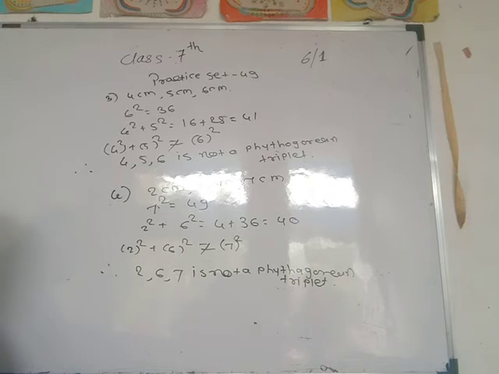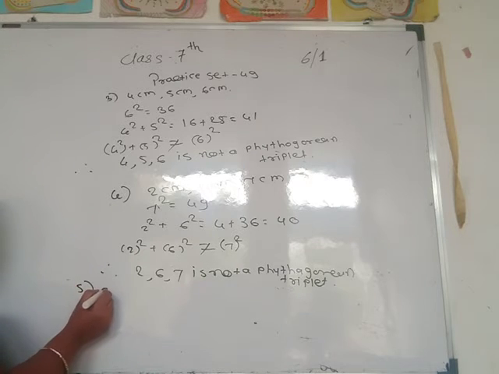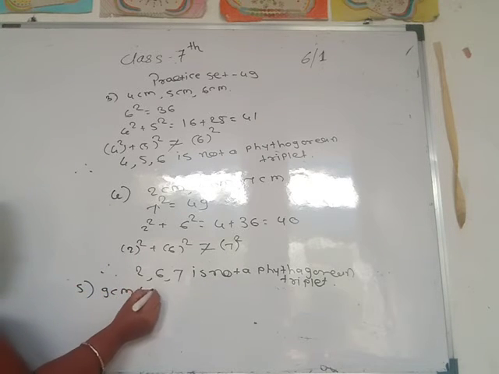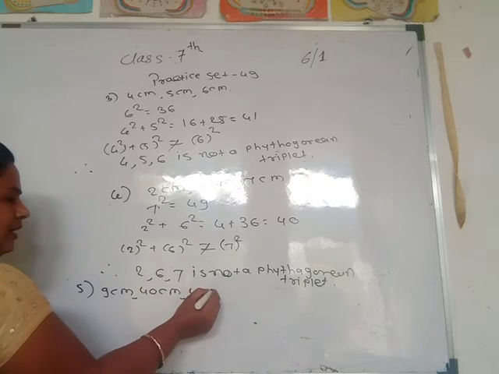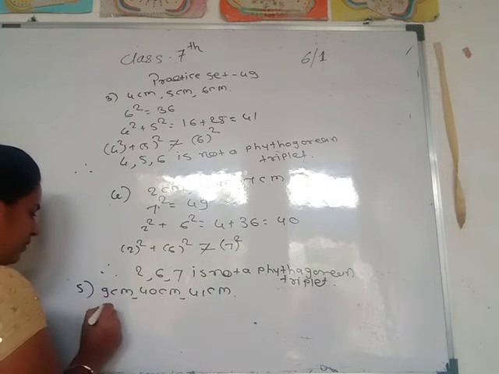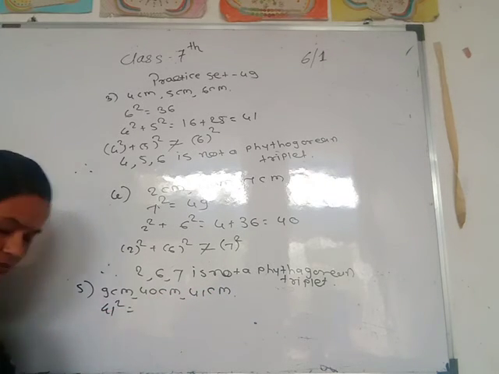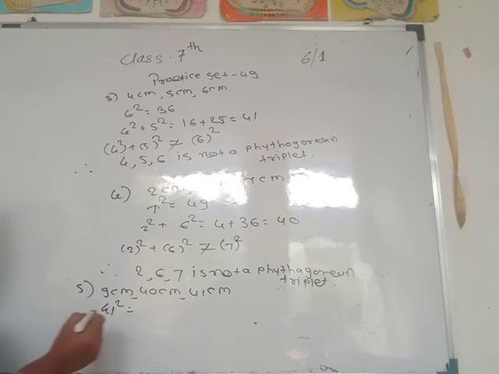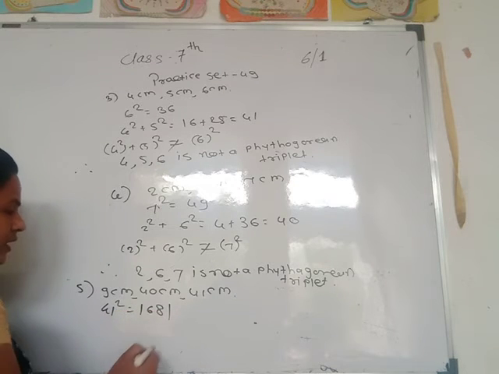Then fifth one: 9 centimeter, 40 centimeter and 41 centimeter. The biggest number is 41. 41 squared is 1681.